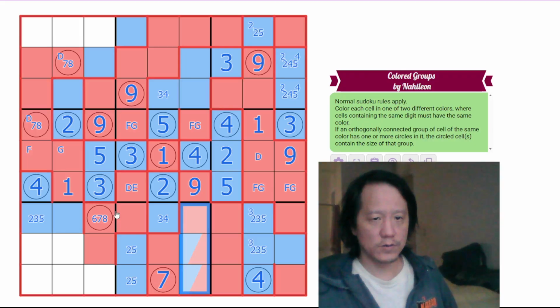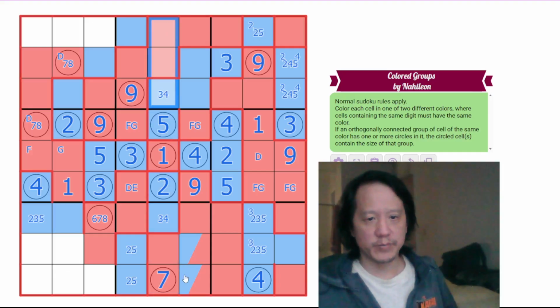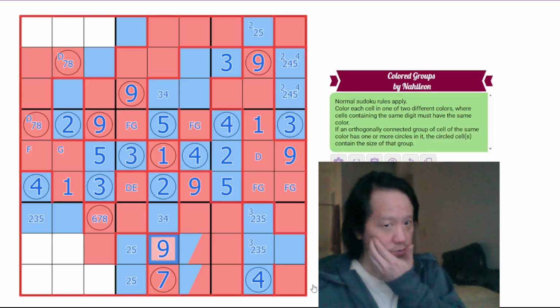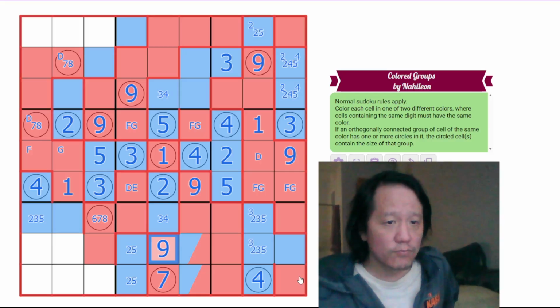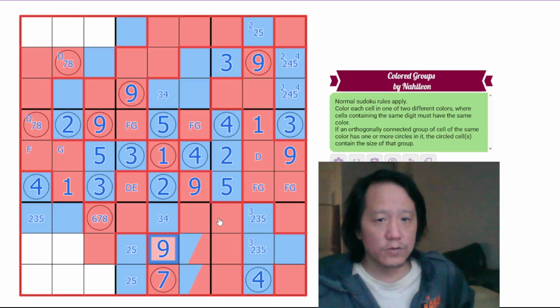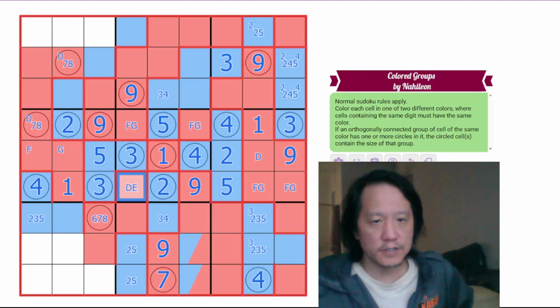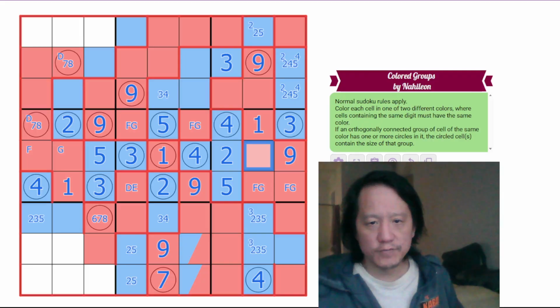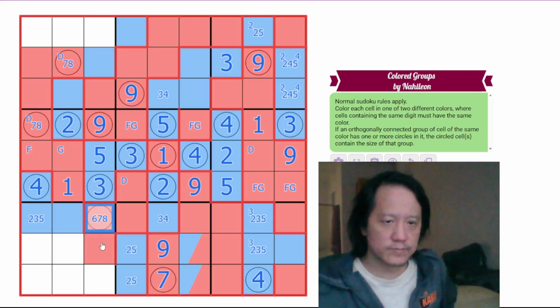Okay. Where is 9 in column 5? Can't be here because of the 9 in the box, so it has to be here. So that's 9. So this is D here. So we have this is D and this is D. This could technically be D also.